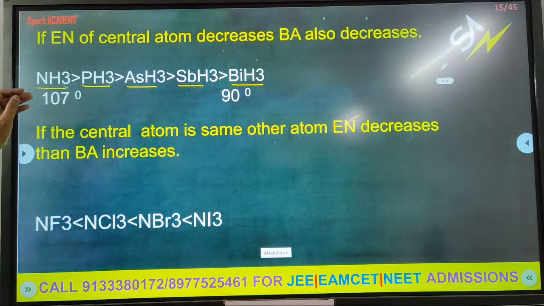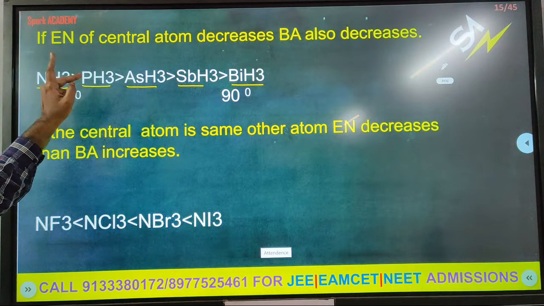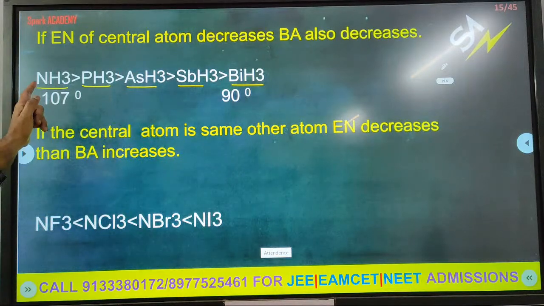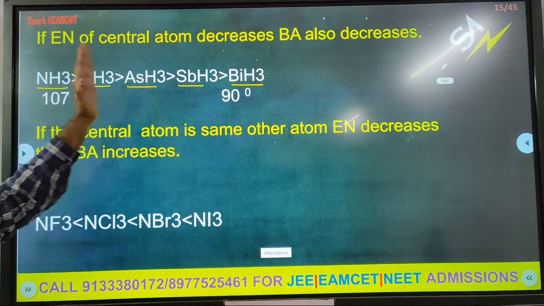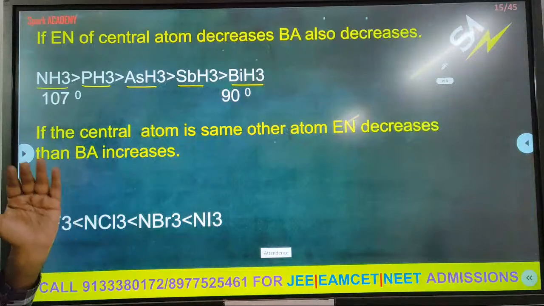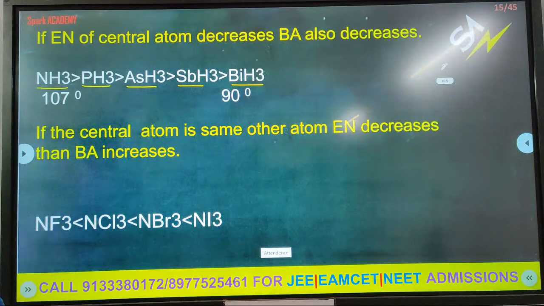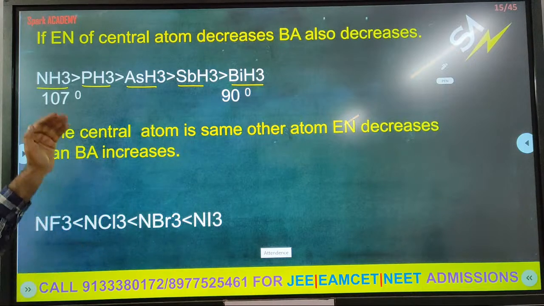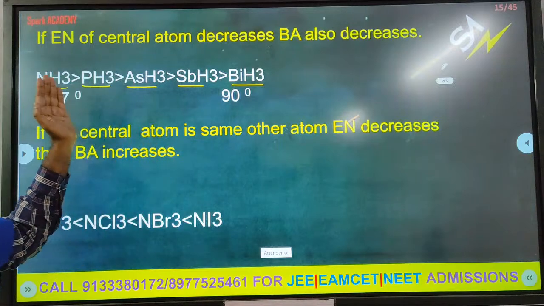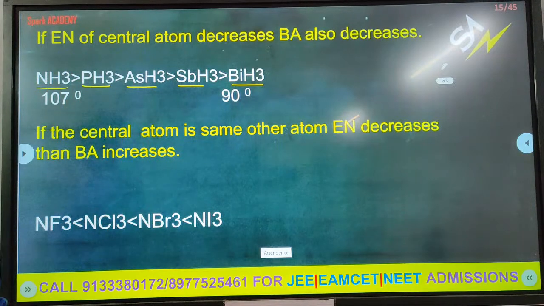So here the central atom is nitrogen, phosphorus, arsenic, antimony, bismuth. The electronegativity of the central atom from nitrogen to bismuth decreases, because nitrogen is small in size, so it has more electronegativity.